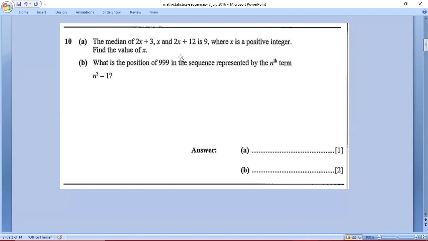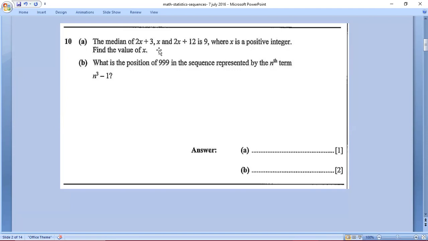When you arrange the numbers in ascending order or descending order, you pick the middle number. That will be your median. If there are two of them, you have to add them and divide by 2, then that will represent your median. That's what median is, according to statistics.